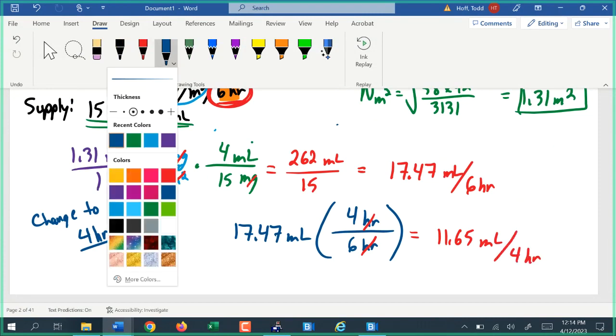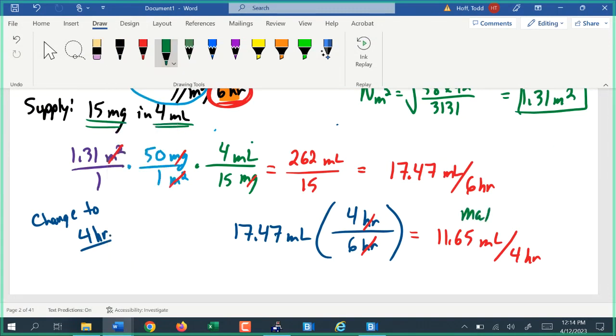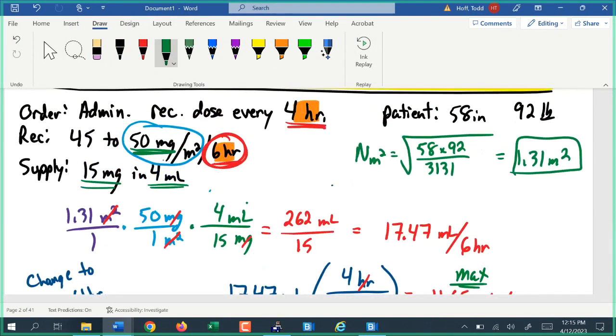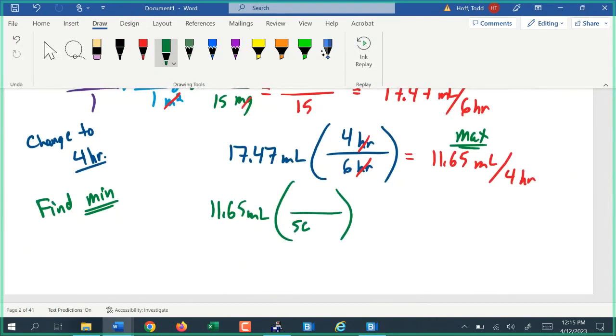We need to remember that this is the maximum dosage. We used the larger number when we did that calculation. So now we need to find the minimum dosage. So we start out with that 11.65 milliliter max dosage. That was figured out on the 50 milligrams per square meter. We want to change it to 45 milligrams per square meter.